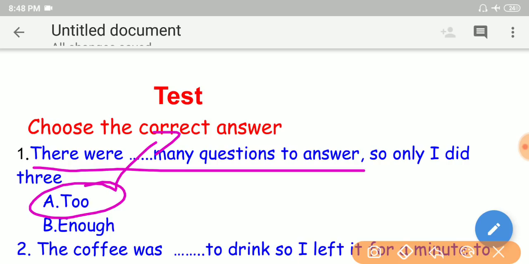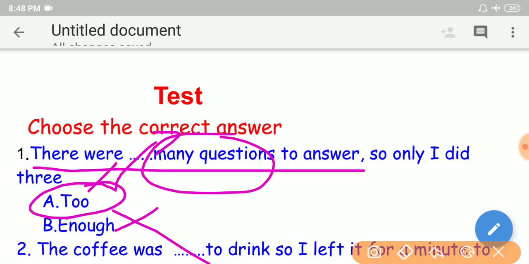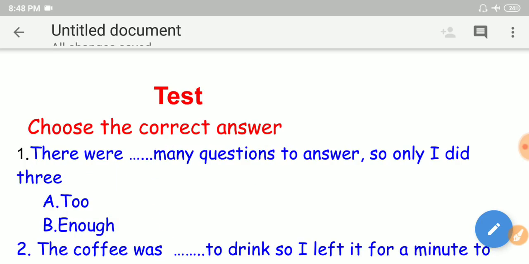Enough cannot be used because it means sufficient. Enough many questions cannot be used because here more than enough, more than sufficient questions are there, but I only answered 3. So the correct word to be filled in the blank is too, my dear friends, instead of enough.